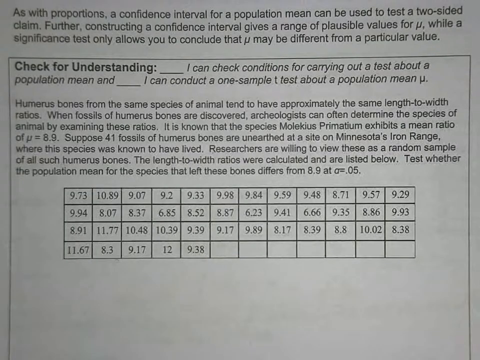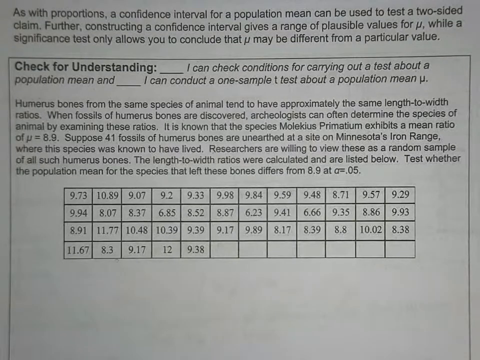Suppose 41 fossils of humerus bones are unearthed at a site on Minnesota's Iron Range, where the species was known to have lived. Researchers are willing to view these as a random sample of all such humerus bones. The length to width ratios were calculated and are listed below. Test whether the population mean for the species that left these bones differs from 8.9 at an alpha of 0.05.